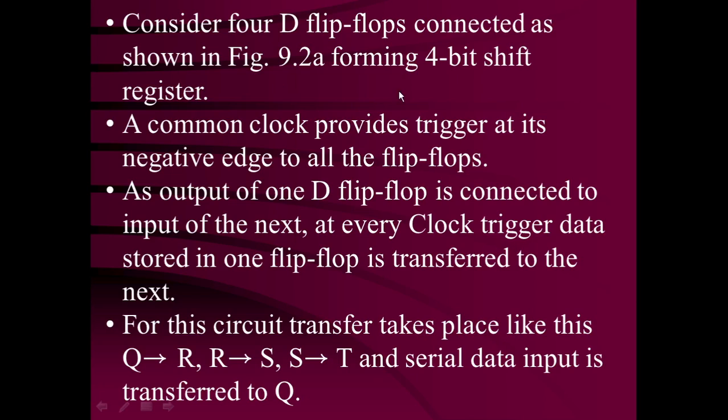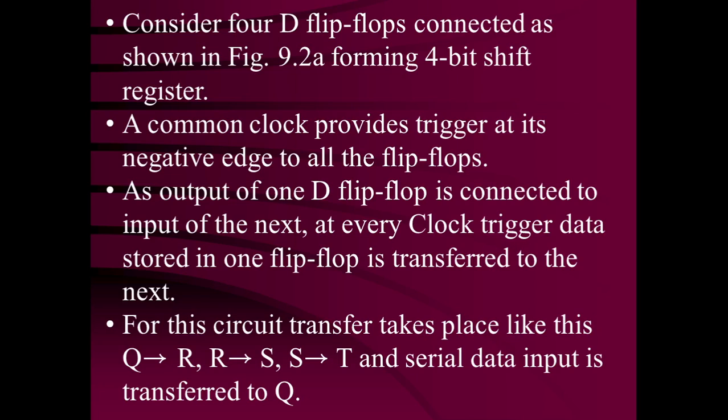Consider four D flip-flops connected as shown in figure 9.2a, forming a 4-bit shift register. Because our data comprises 4 bits, we require four D flip-flops, and they should be connected in a serial fashion.